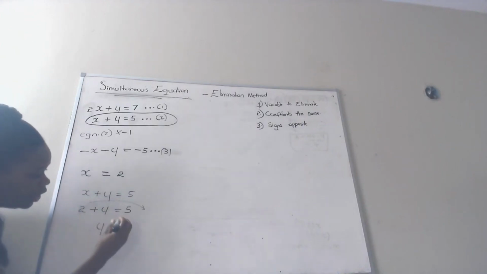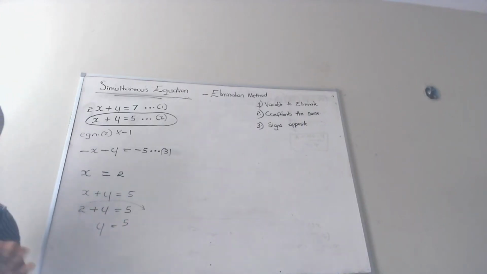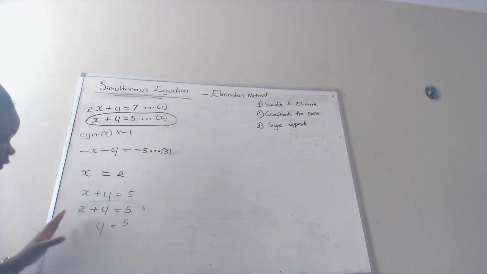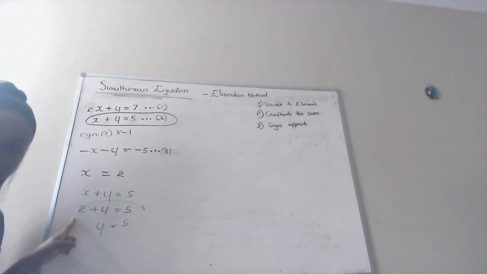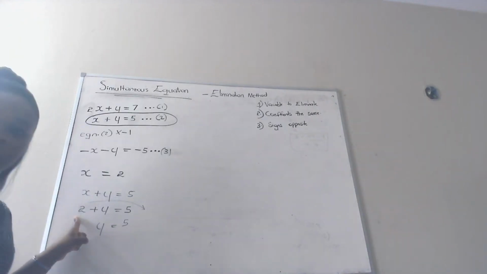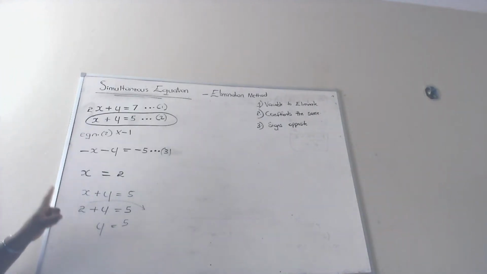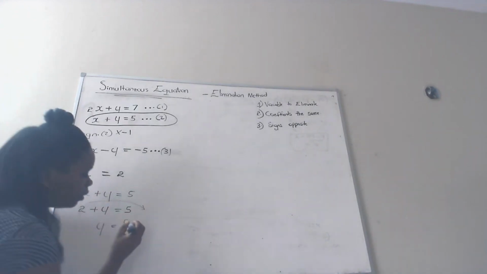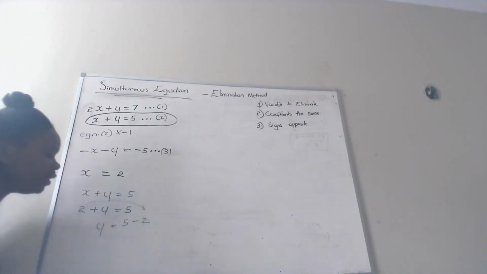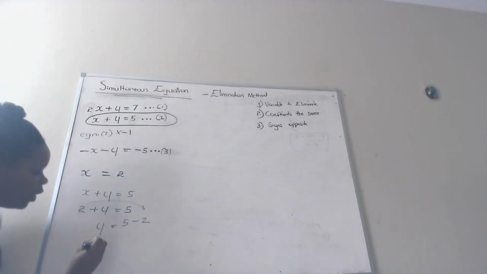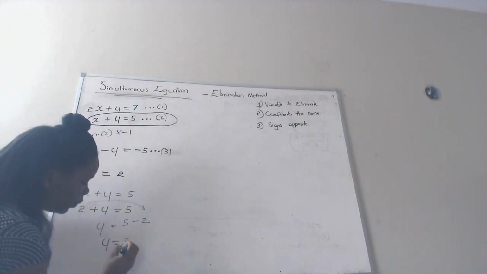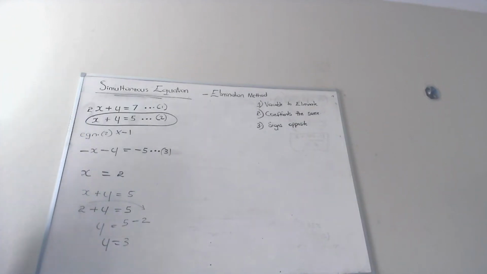I already have 5 there, but look at what happens when I bring it over. On the left, this is a plus 2. It's obviously positive because there's no minus in front of it. So if it is positive on the left, when I bring it over, it will be negative. So this is minus 2. And I can go ahead and say 5 minus 2 is 3. So now I know what x is and what y is.